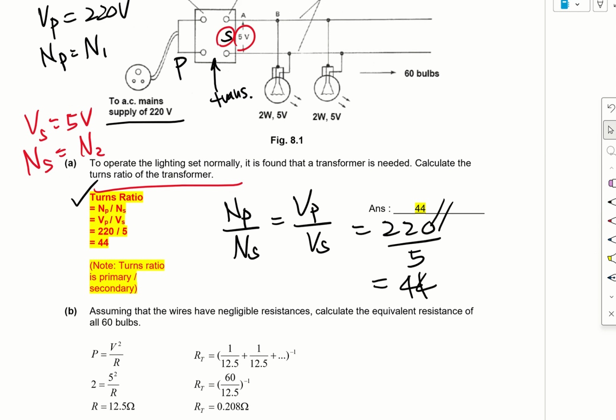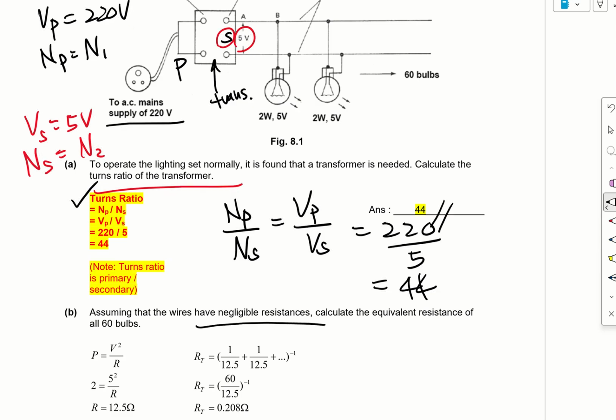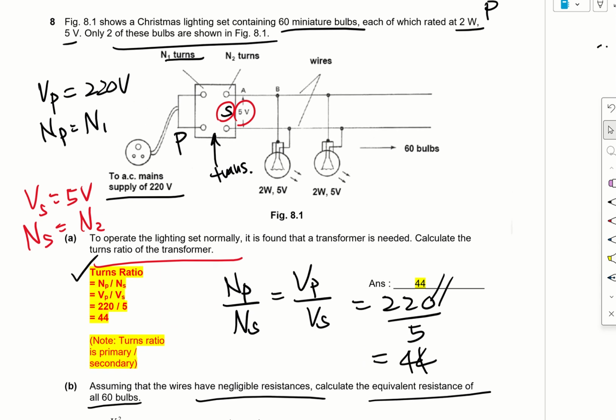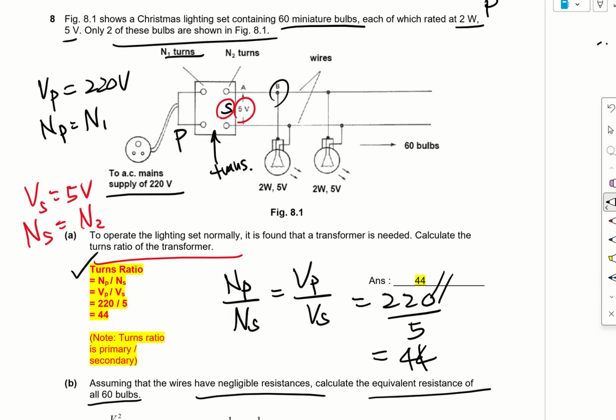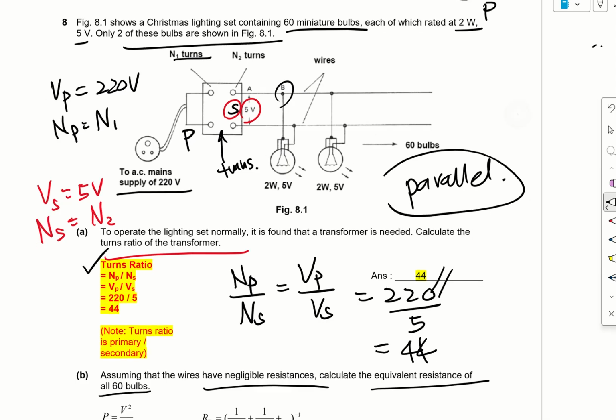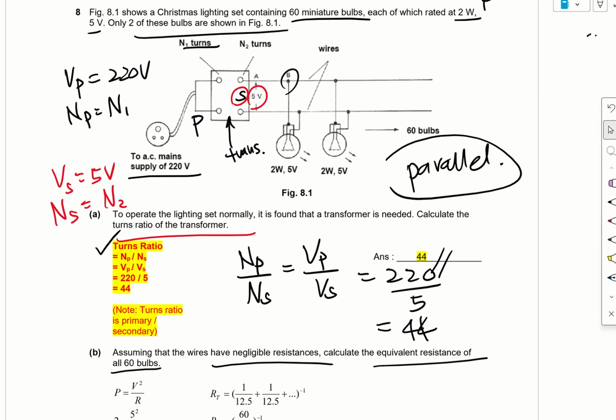Now, assuming that the wires have negligible resistance, calculate the equivalent resistance of all 60 bulbs. You see that they are all connected in parallel. What's the good thing about parallel? When one light bulb is damaged, the rest can still light up.